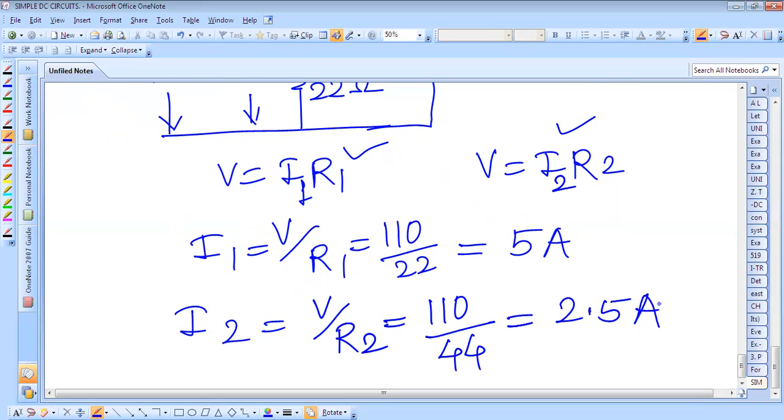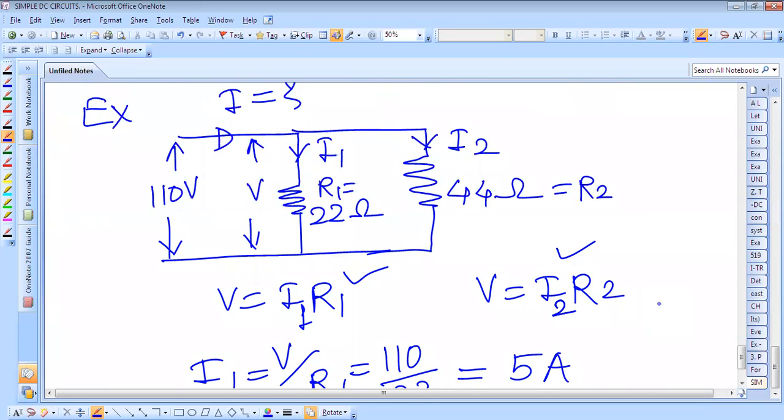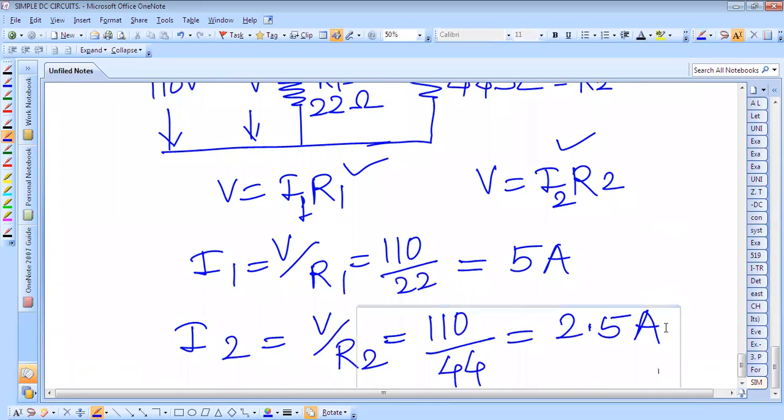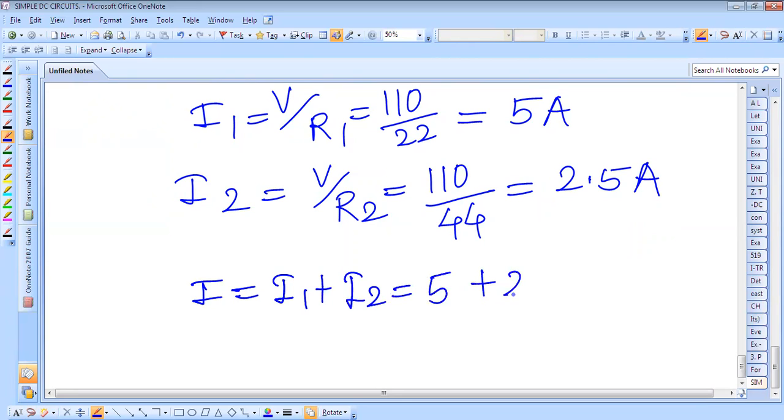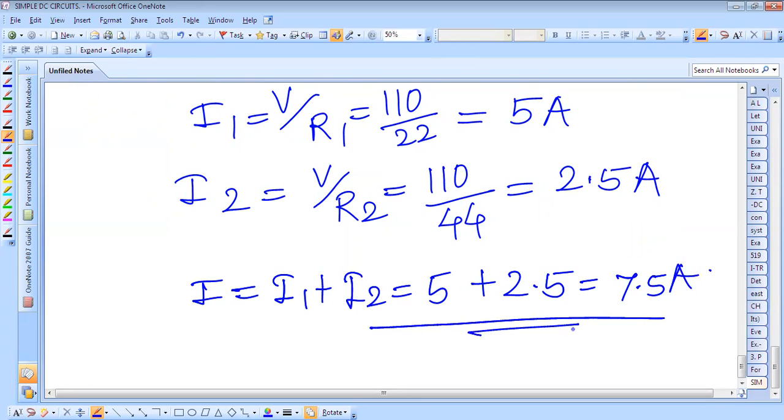The total circuit current is just the addition of these two currents. So I is equal to I1 plus I2, which is 5 plus 2.5, or 7.5 ampere. In this way we can find the current flowing through the different branches.